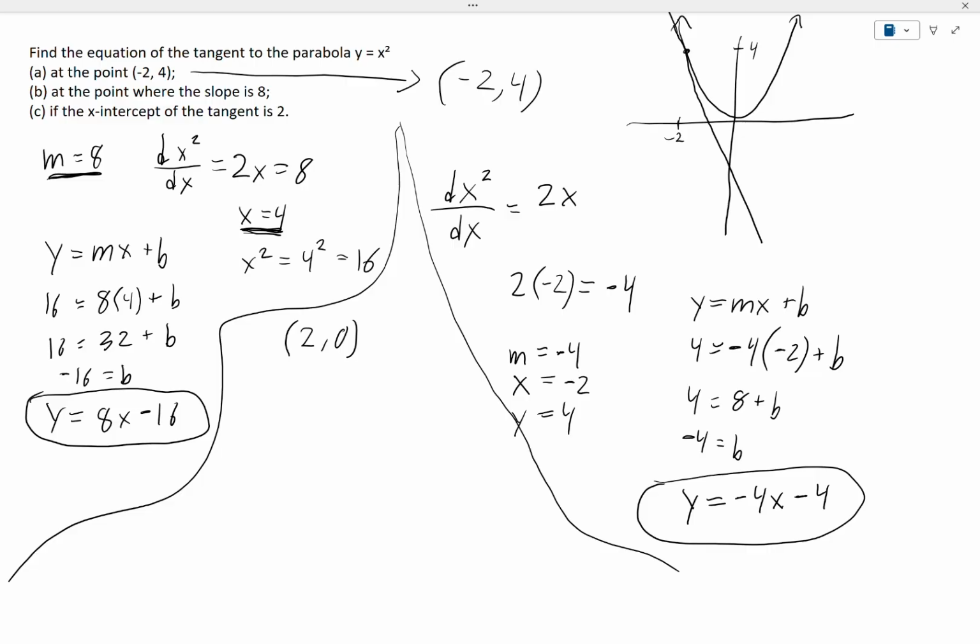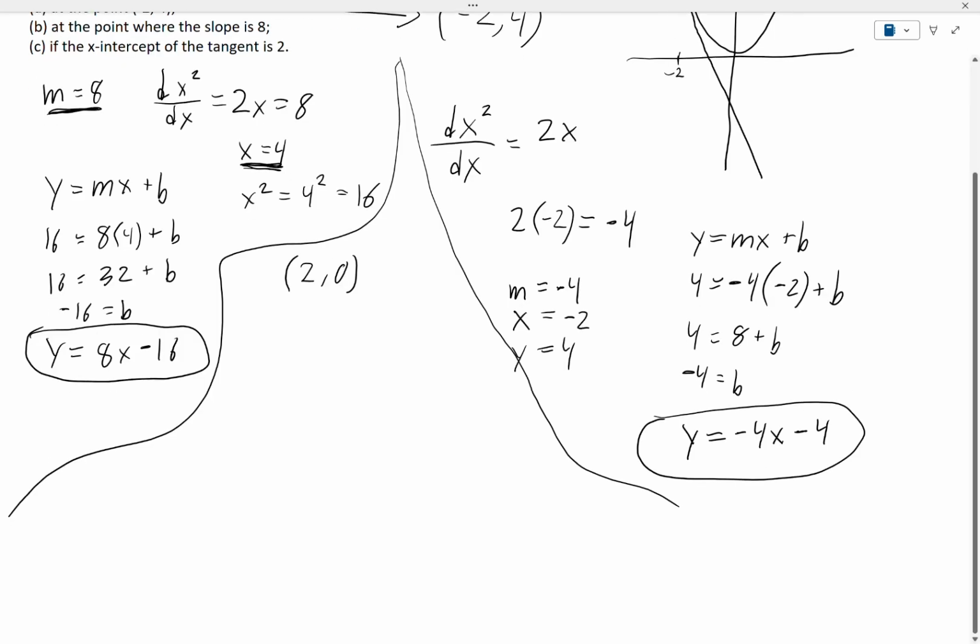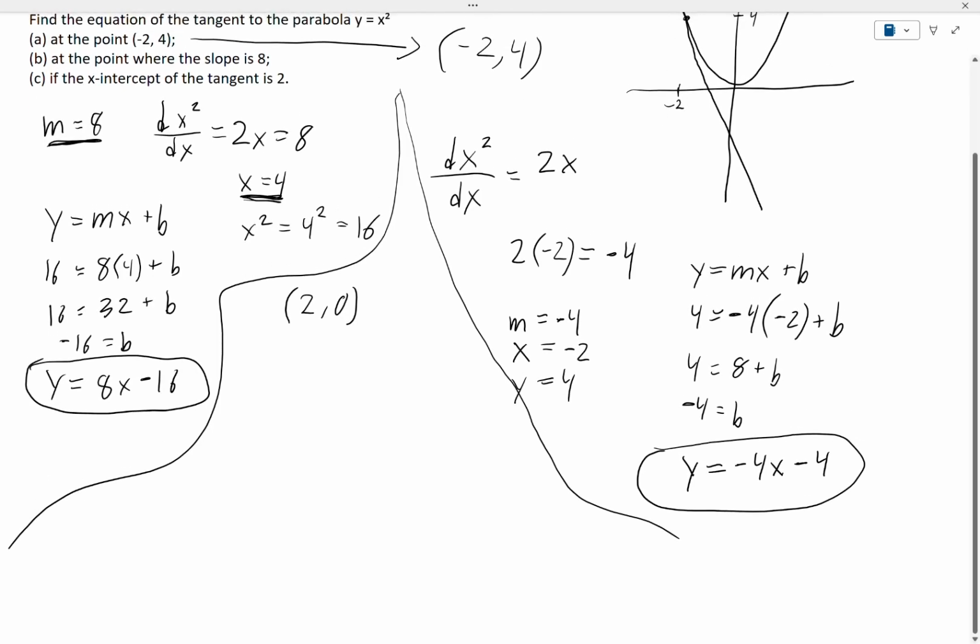Okay. So with this problem, I'm going to set up the equation of the tangent and kind of move backwards from there and find the slope of the line afterwards. So it's going to be the reverse order of what I've done so far. I'm going to start with point-slope form. Point-slope form is y1 minus y2 is equal to m times (x1 minus x2).